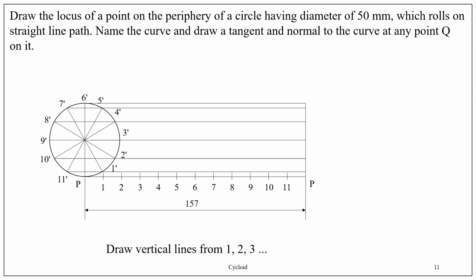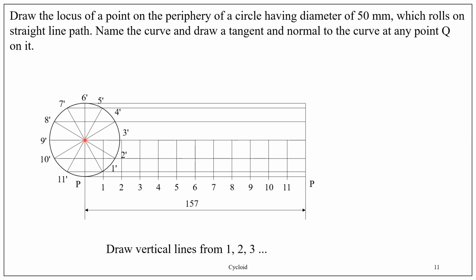Draw vertical lines from points 1, 2, 3, 4 up to 11 until they meet the horizontal line through 9 dash 3 dash. So from each point there is a vertical line until they meet the horizontal line through 9 dash 3 dash.